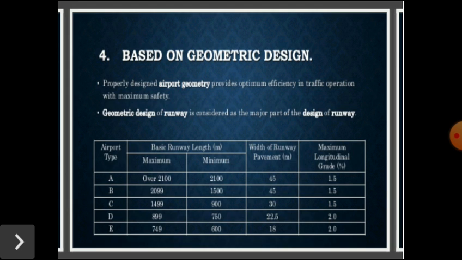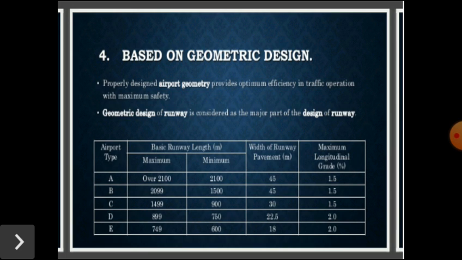Type B, it will be 1500 to 2099 meter. Type C, 900 to 1499 meter. Type D, 750 to 899 meter, and type E, the runway length should be 600 to 749 meter.